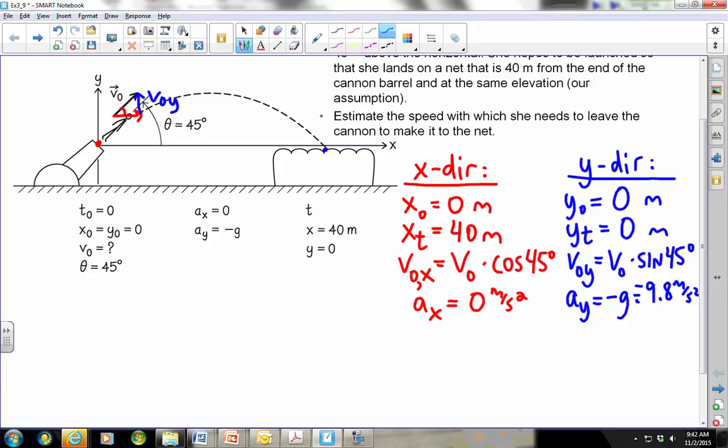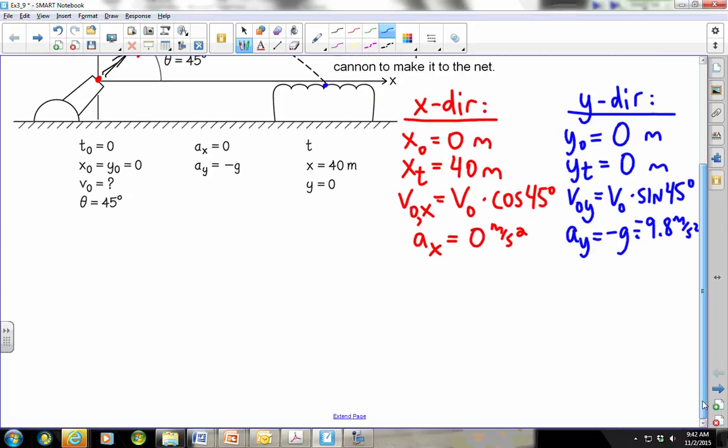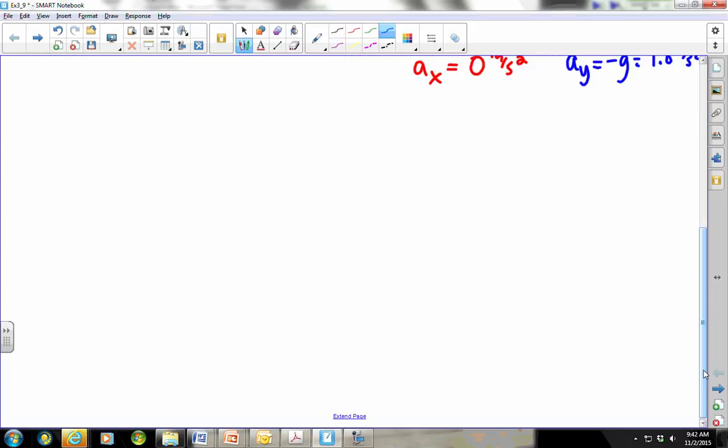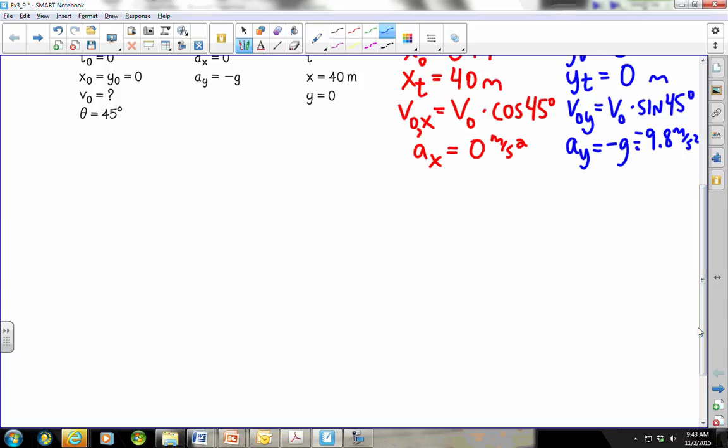So let's pick the y direction and solve for time first.